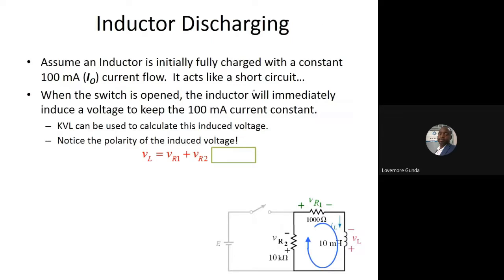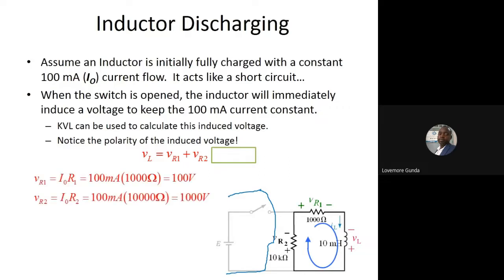So what I was explaining now is that we remove our source. This is now our initial condition, right? So VR1 becomes I naught R1, because the maximum current was flowing there. Then VR2 becomes I naught R2, because at t equals 0 the current is at maximum. Times R2, you realize that the voltage is very, very large, right?